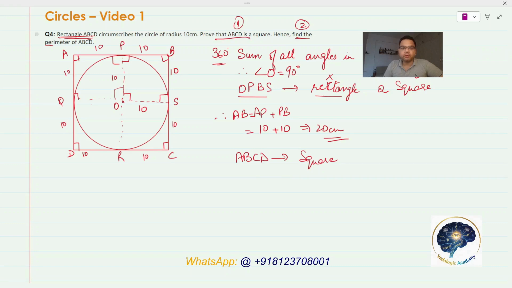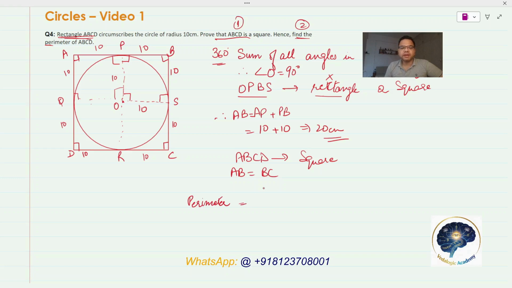That's what we had to prove, right? Lengths are equal and angles are already 90. So since AB equals BC, neighboring sides are equal and angles are 90 degrees each. Therefore, it's a square.